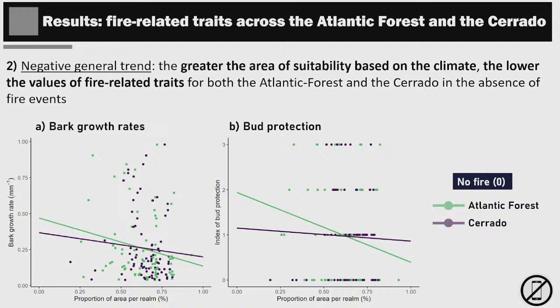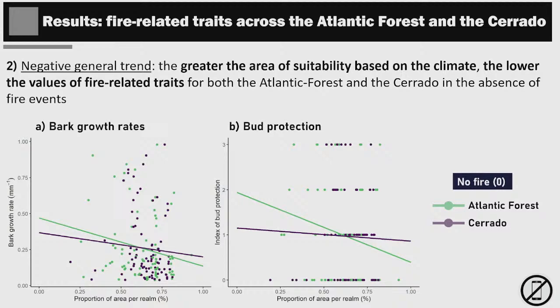If we start to look at how this explains the possible distribution, the possible suitability of species according to the climate across these different domains, what we see first is that in areas with no fire events, both bark growth rate and bud protection, both traits, have lower values as the area with no fire increases under these different domains.